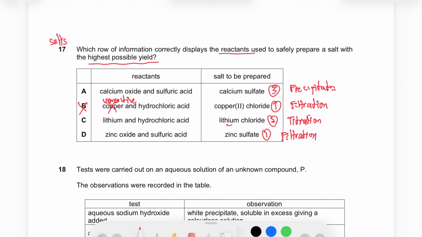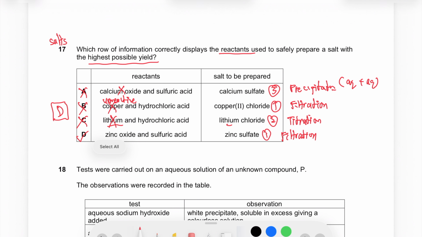For titration, you need acid and alkali, so you cannot use the metal itself, it's too reactive, so it's out. For precipitation, you need your reactants aqueous plus aqueous, both soluble salts. And calcium oxide is solid, so it's out. So the only one that makes sense is D, by elimination.